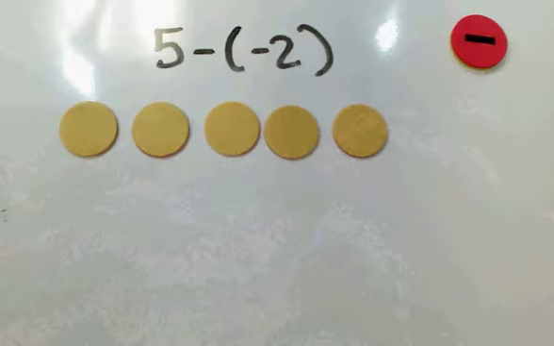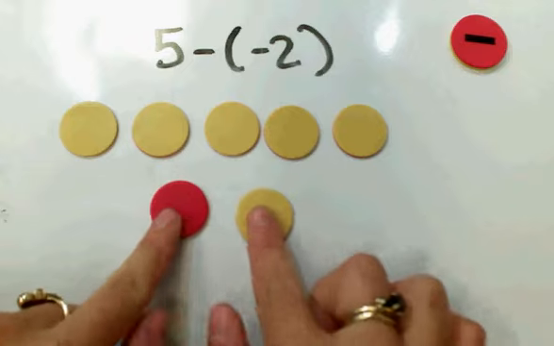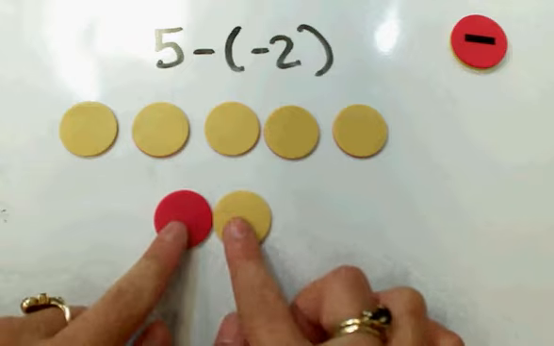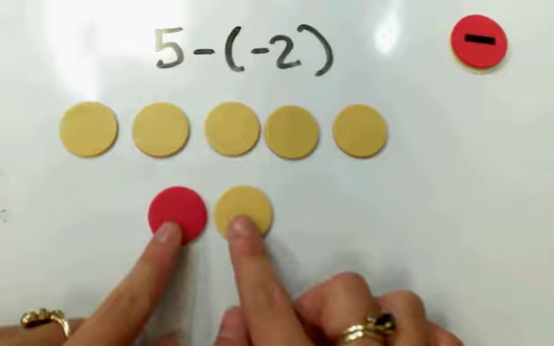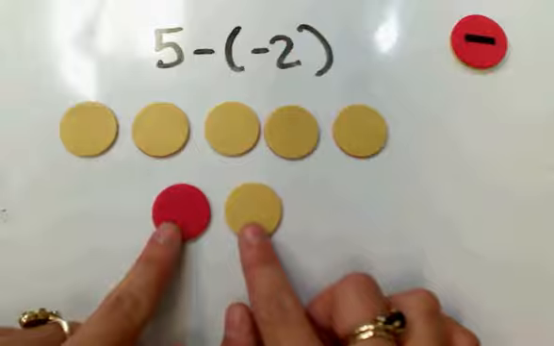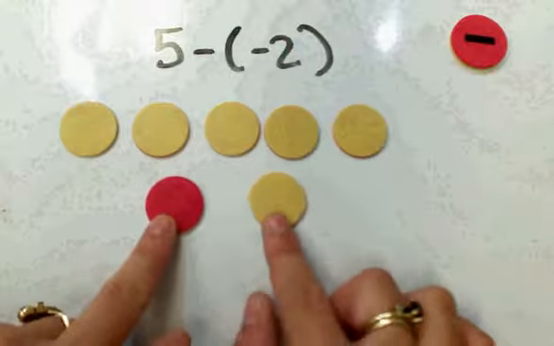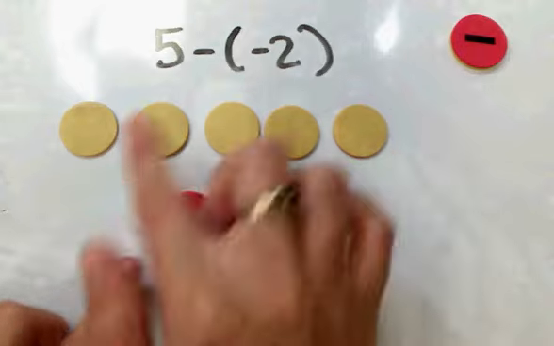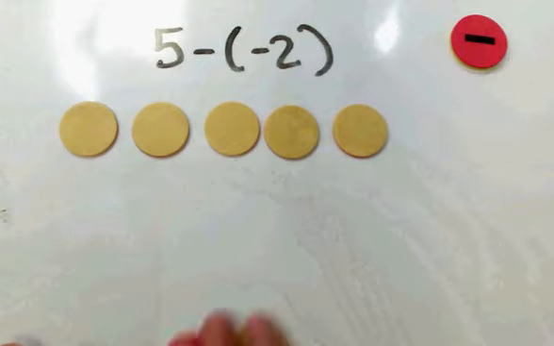The solution to that is we can add a zero pair. A zero pair are the numbers that we were canceling out when we were adding or subtracting positive and negative integers. So by adding a zero pair, I'm adding negative 1 and positive 1. So really I'm not changing 5. I still have a total of 5 here because these would cancel each other out.